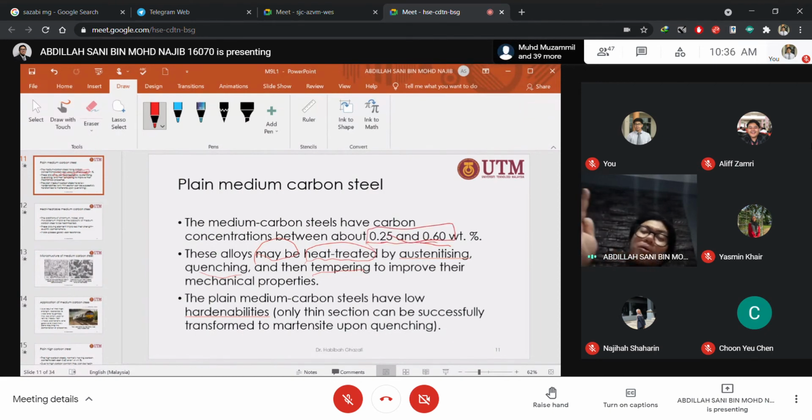If it is on the lower end, it might not be heat treatable, right? So if it exceeds 0.3, it can be heat treatable. I think we are clear on this heat treatment of producing martensite, right?